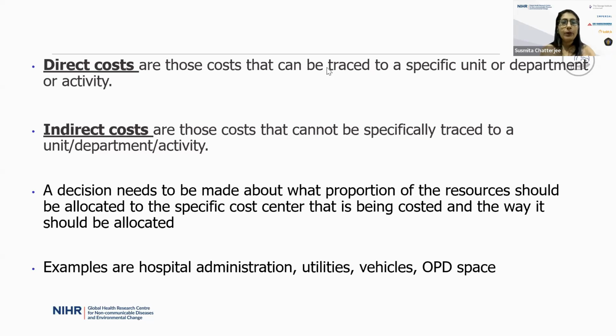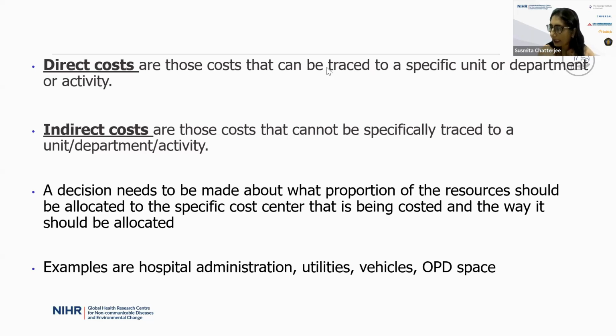NCD is a component of the whole system, right? Think of any health facility. You can think of even a small facility. Think of a lower level facility, which is a primary health center, or for other countries, whatever is the lower level government health facility. Think of the facility. There could be 4 or 5 rooms. All the rooms have electricity, some of the rooms have water, everyone uses that water.